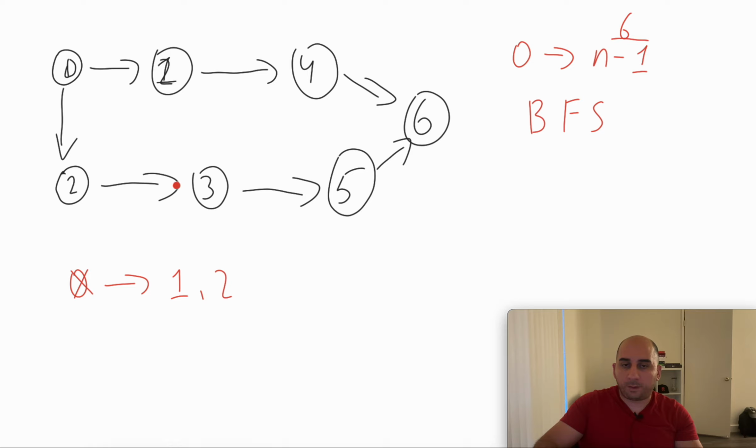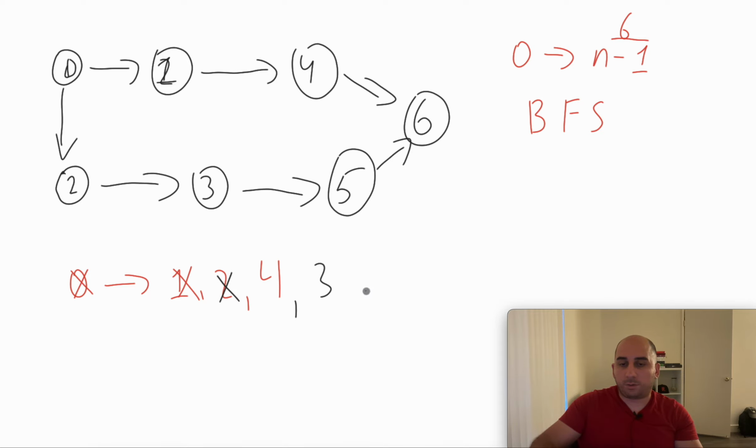Then, since 1 is the first element, we traverse it, and from 1 we can go to 4. So we add 4, and we take 1 from the queue. Then we go to the next element, 2, and we add 3. We take this from the queue, and so on.